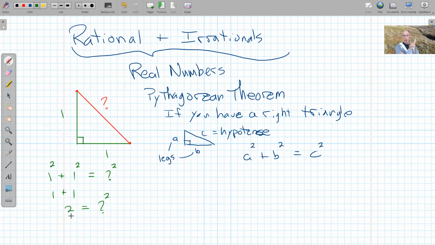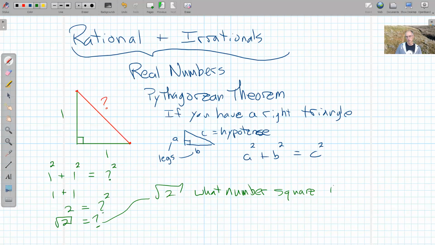So it would be the square root of 2. Remember, what does the square root tell me? The square root of 2 means what number squared is 2. And that is exactly what this right here says. This says what number squared is 2. Answer, square root of 2.